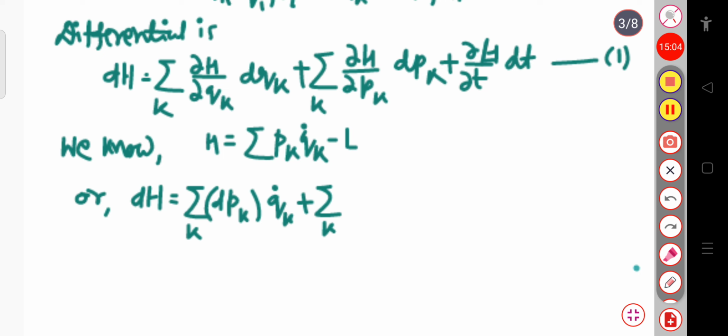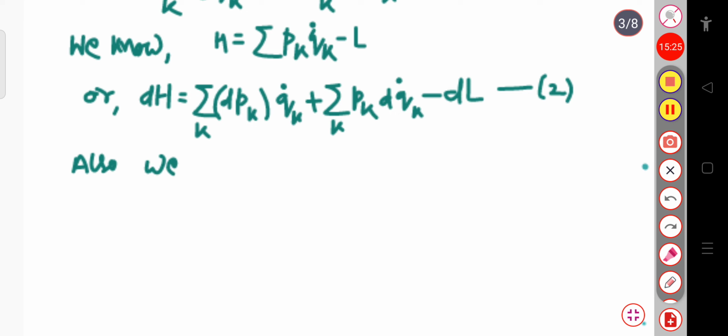Similarly, we know the Lagrangian L is a function of qk, qk dot and t.